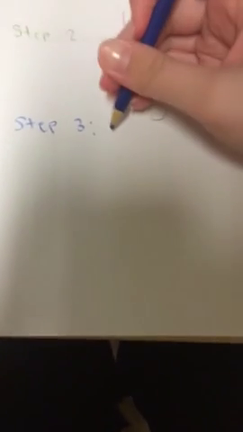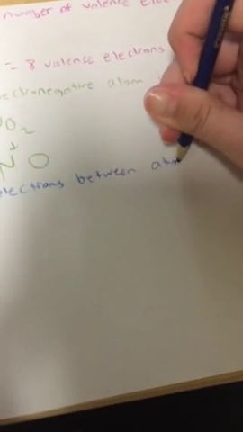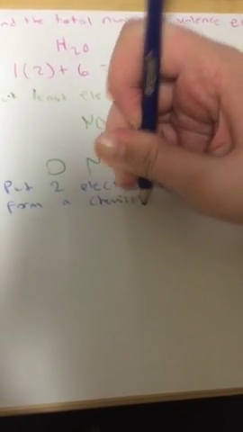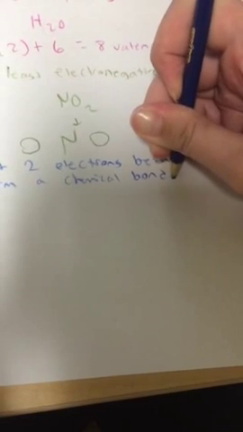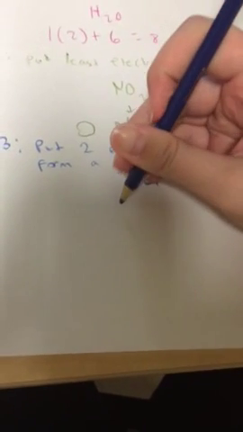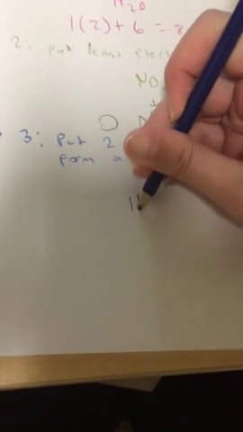Step 3 is to put 2 electrons between atoms to form a chemical bond. Okay, so for instance, if we have HCl, hydrogen chloride, we will put 2 electrons between them to form a chemical bond.